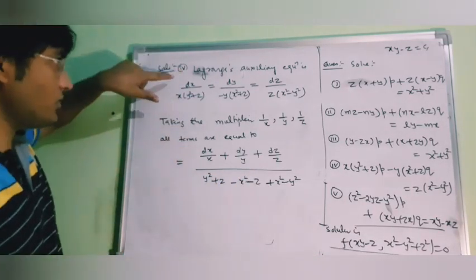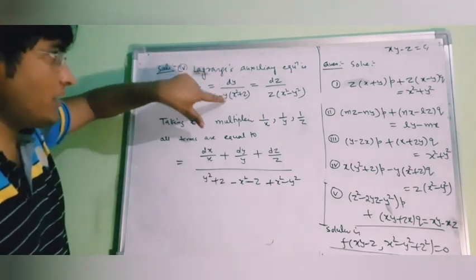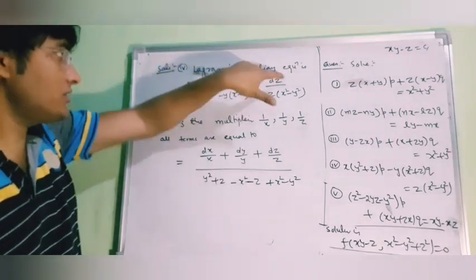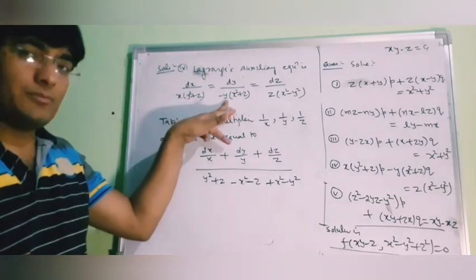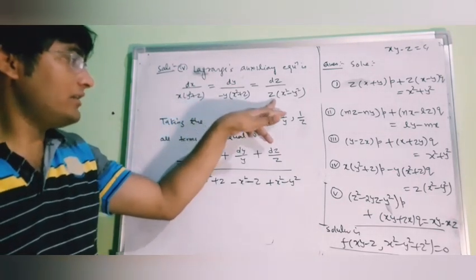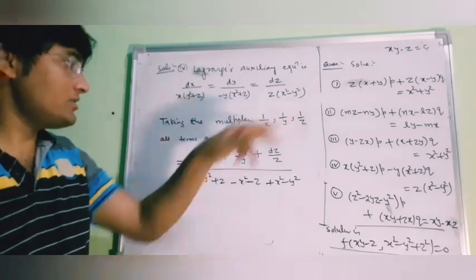Now the multipliers are 1 by x into dx, 1 by y into dy, 1 by z into dz, and then in the denominator we will have y square plus z. Here we will have minus x square minus z, and here we will get x square minus y square.